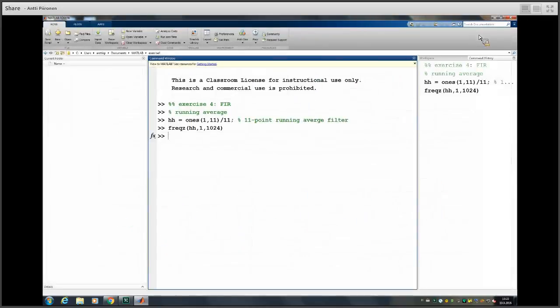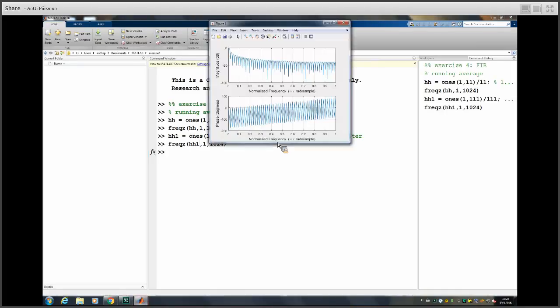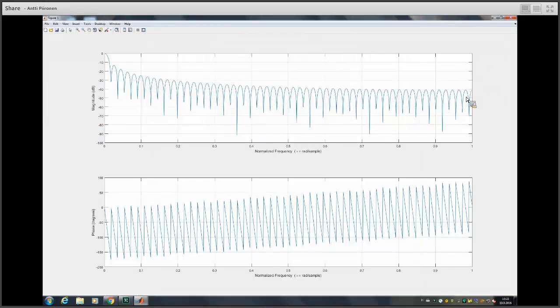Let's try another one. The only parameter we can change here is basically this number of points, so let's make it a 111-point running average filter. That should be somehow better, since it has more averages. Yeah, somehow it is, but at the maximum we still have about minus 40 dB. So we have just 40 dB attenuation here.